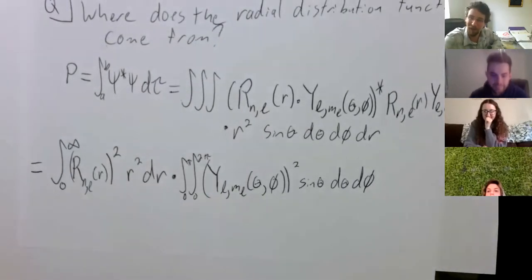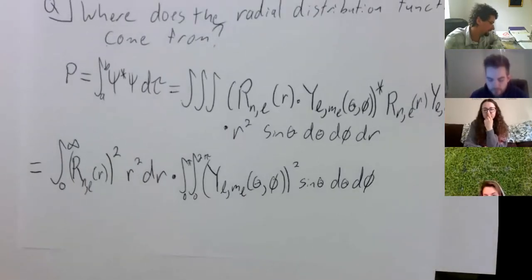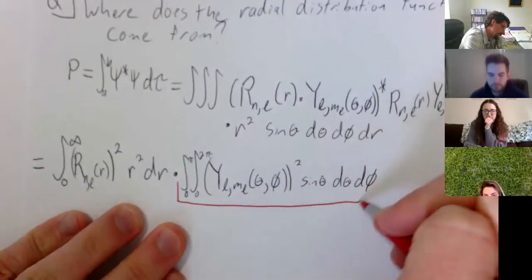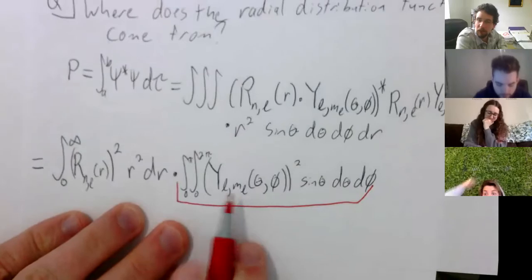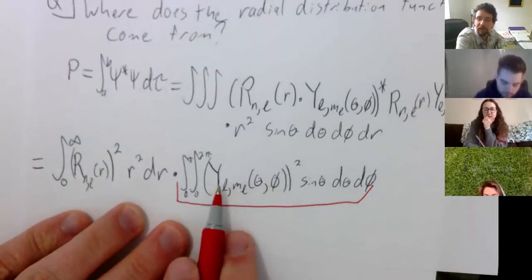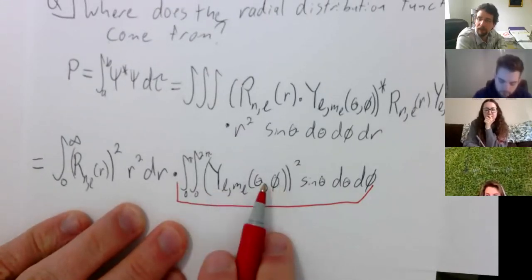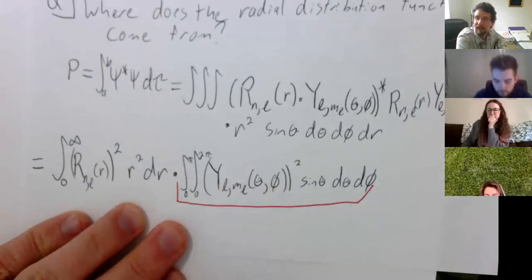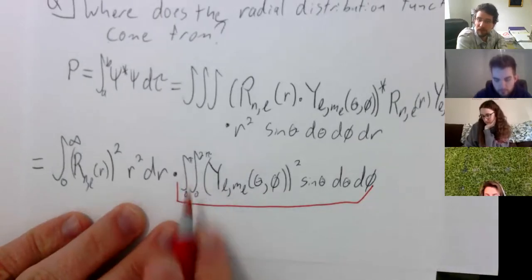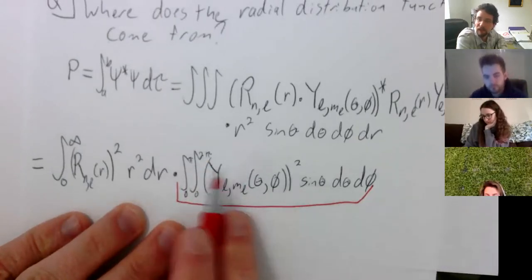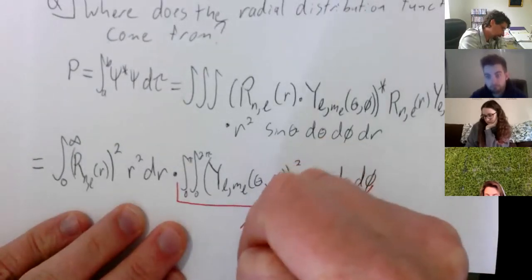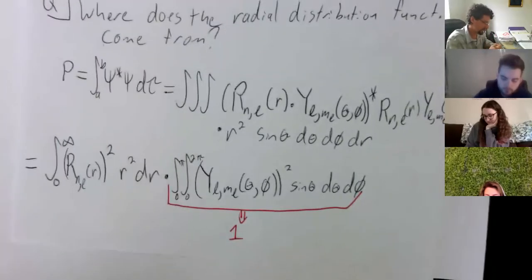Where's another spot that will also be 1? Probably the sine theta, from 0 to pi. If you remember, we proved that most of these angular momentum functions, along with sine, are normalized. And if we're going across their total integration limits, what should their value be? 1.